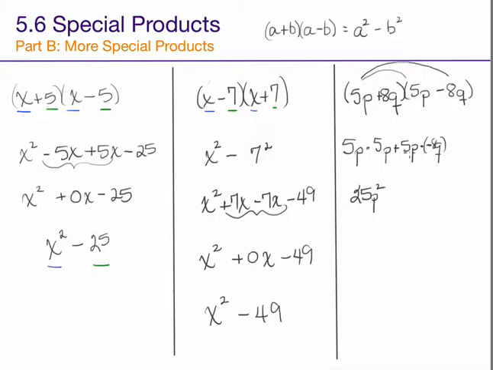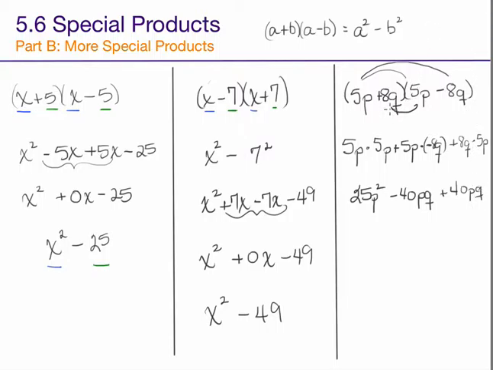In the next step, this is going to give me minus 40 times p times q. Now for the other term, positive 8q times 5p in the next step will give me plus 40 times p times q.